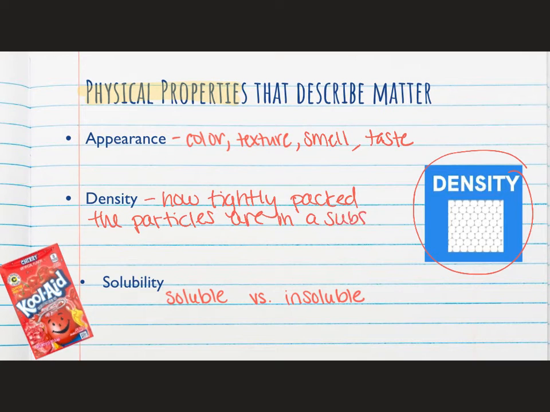So density is actually something you might have learned before as a math problem. So density equals mass divided by volume. So you can find the density of an object by taking the mass divided by the volume. And we'll learn more about that later.